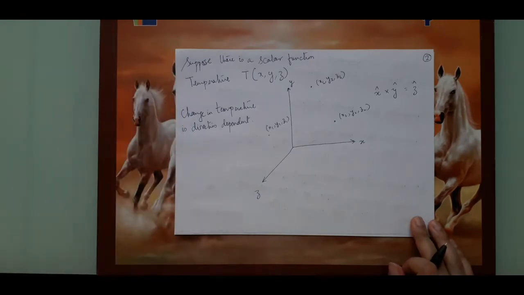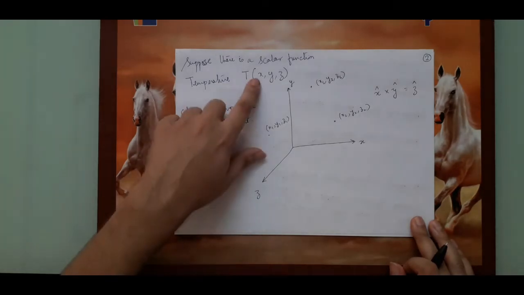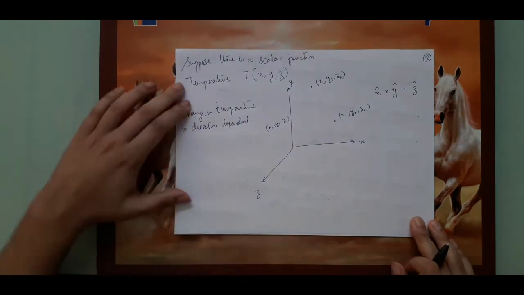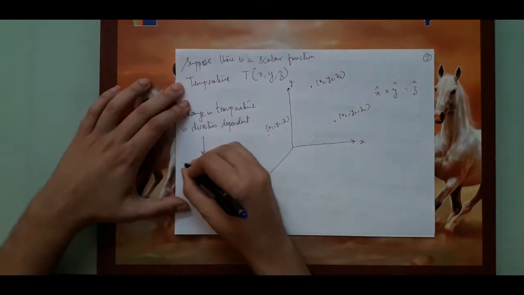So now there exists a function which helps us find in what manner the scalar quantity changes in different directions, and that is called the gradient function.